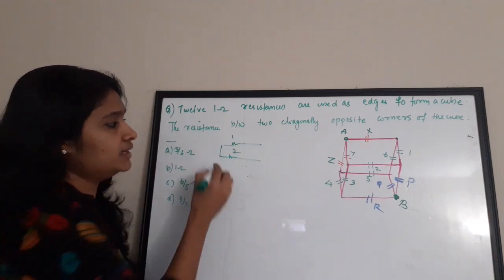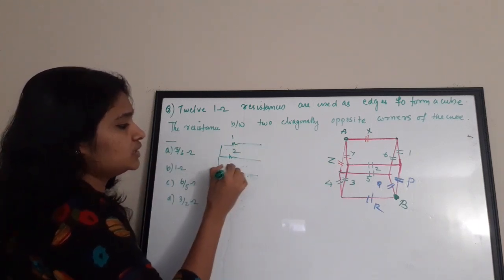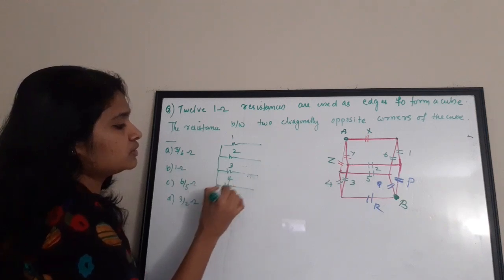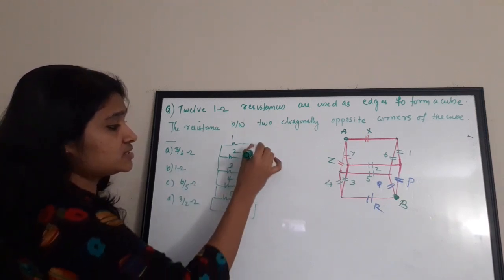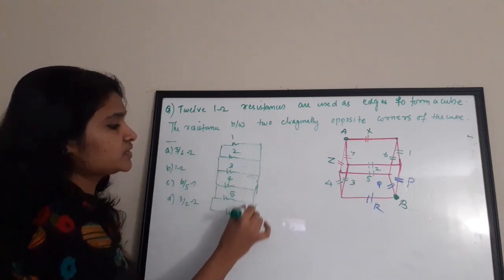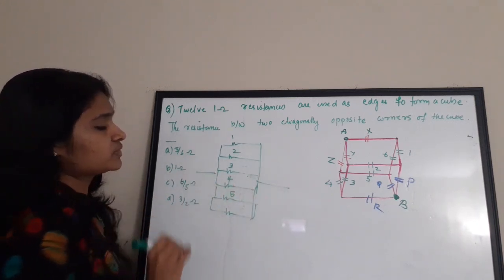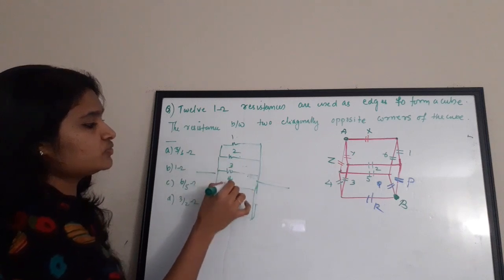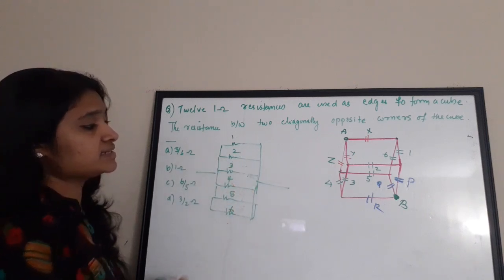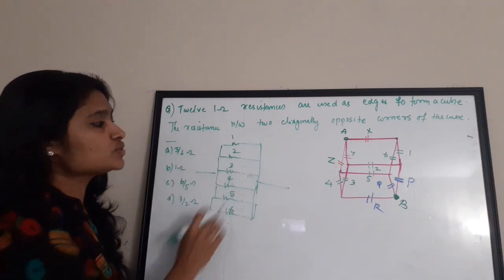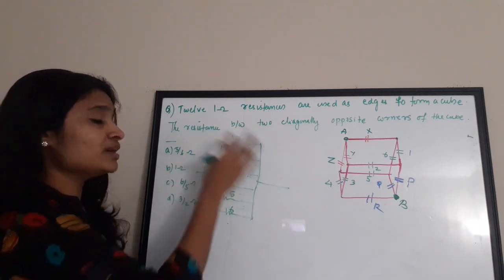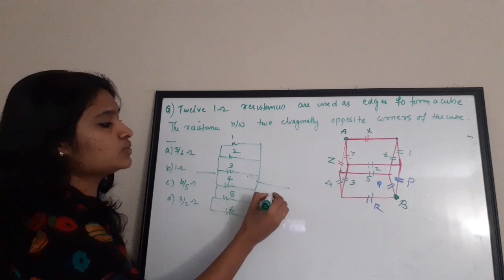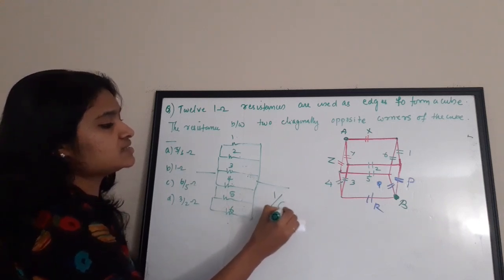Similarly the resistors 3, 4, 5 and 6. I've just marked them with numbers so that it is easy to find out. So 1, 2, 3, 4, 5 and 6 are all connected in parallel, and the equivalent resistance is equal to 1 by 6.